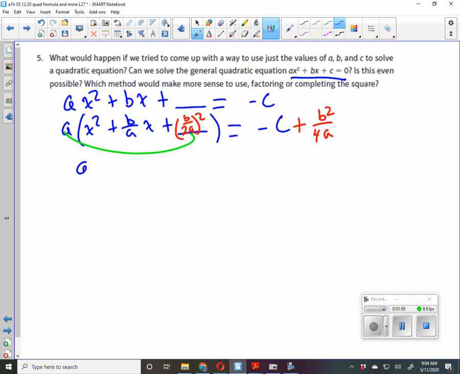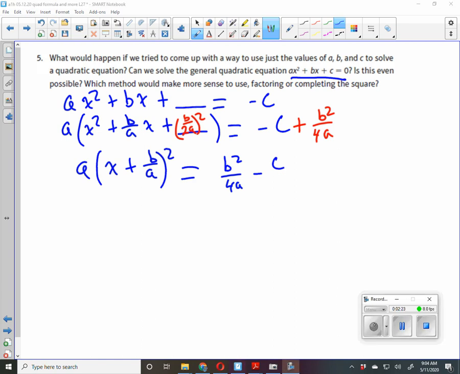Okay. What I've done now is I've created a perfect square. This says a times the quantity x plus b over a, squared, equals, and it'd be nice if I had a common denominator. We'll figure that out as we go, but right now let's go ahead and write this as b squared over 4a minus c.